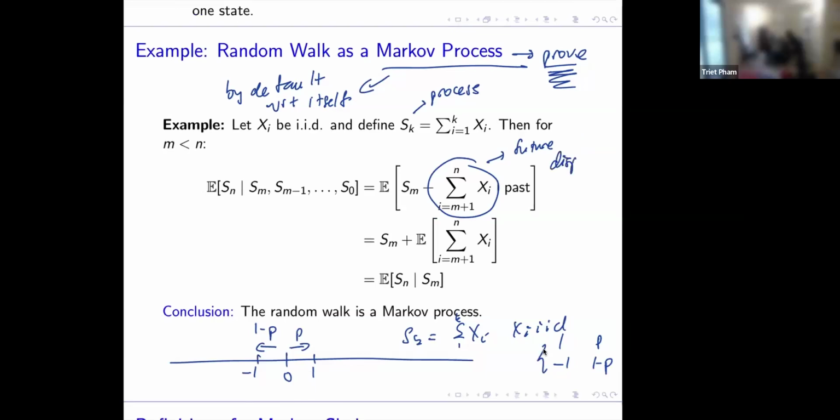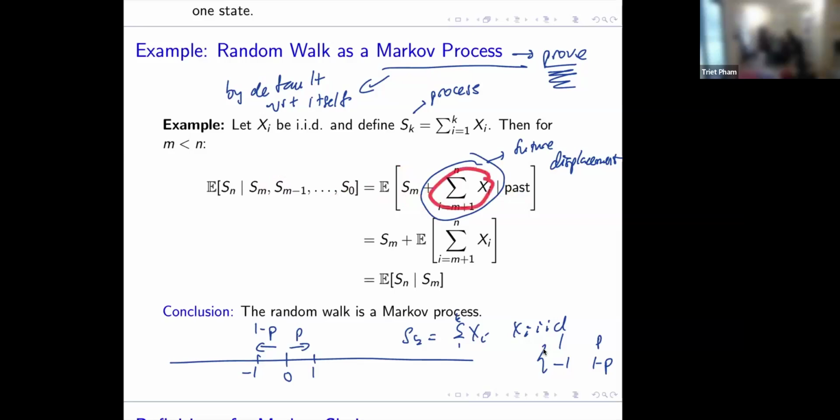This is a very common technique: to analyze the dependence of past on future, you use the past and add on the change from past to future. Notice that this Sm is known from the past, so it can come out. This is given knowledge from the past history, so it comes out as a number.